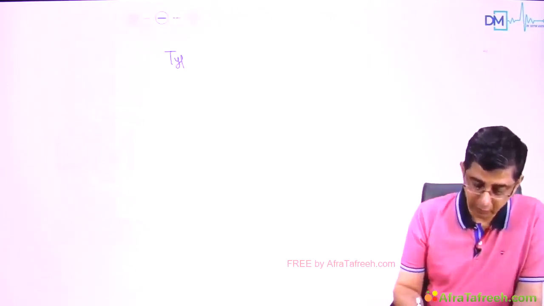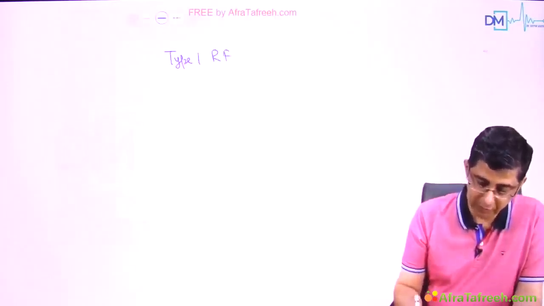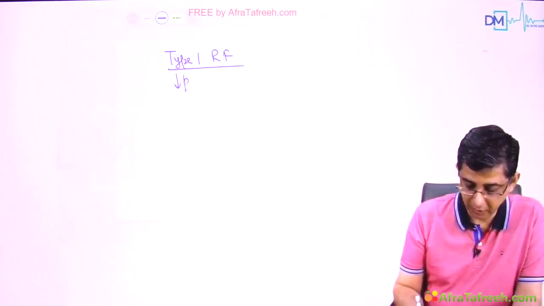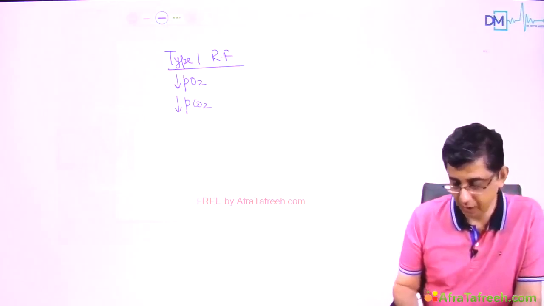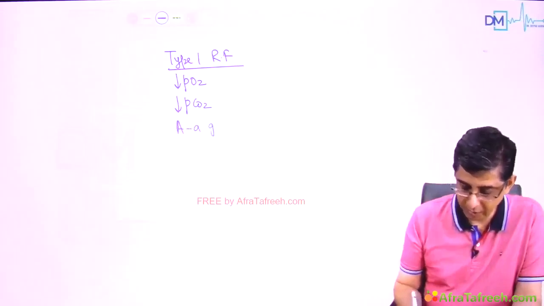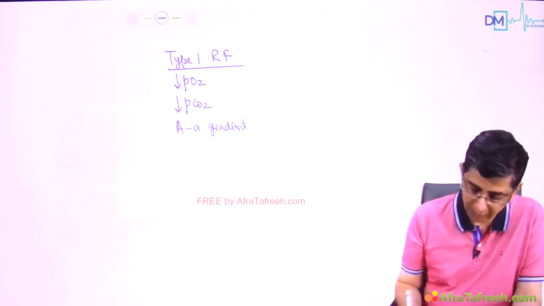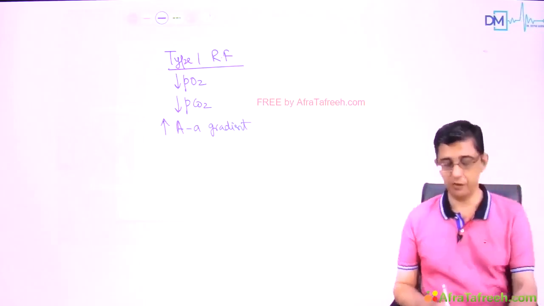When it comes to type 1 respiratory failure in a patient, the findings are a decrease of PO2 to less than 60, PCO2 less than 35, and the A minus a gradient, that is the alveolar arterial gradient, is increased in the patient because the small a is reduced.